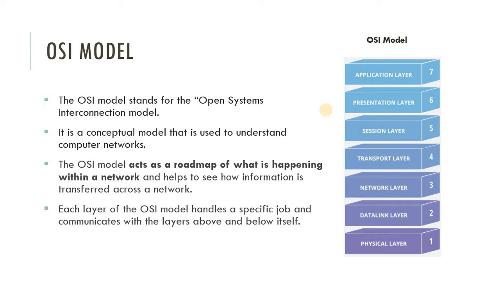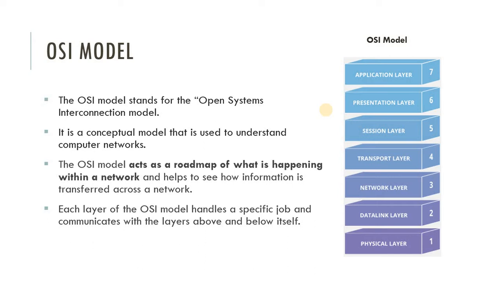The OSI model stands for Open System Interconnection Model. It is a conceptual model that is used to understand the computer network. The OSI model acts as a roadmap of what is happening within the network and helps to see how information is transferred across the network.